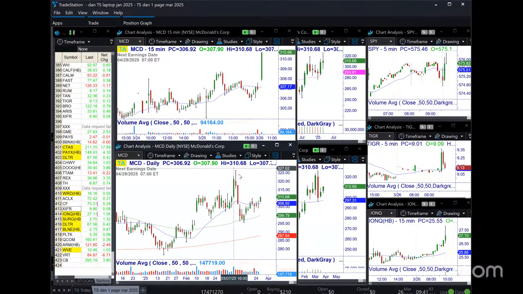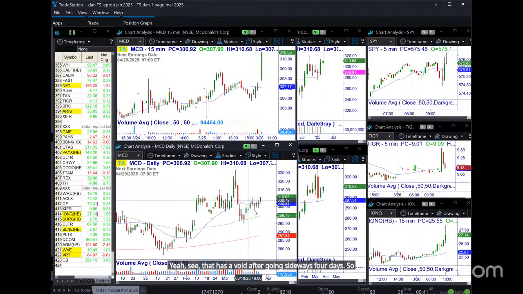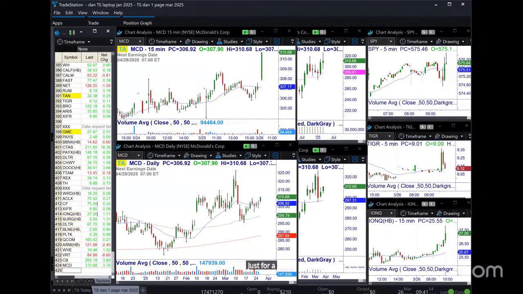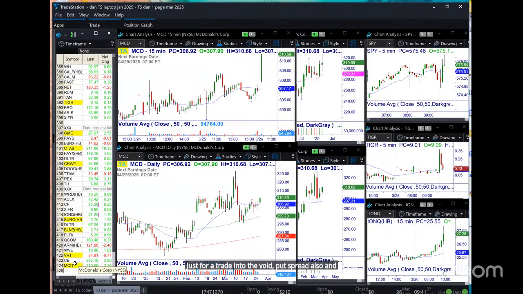Yeah, see that as a void after going sideways 4 days. So McDonald's, John, I like a whole lot better. Just for a trade into the void, put spread also and check 305.